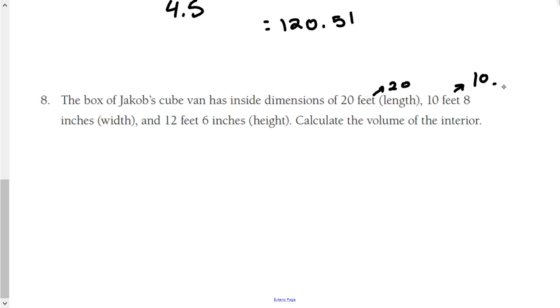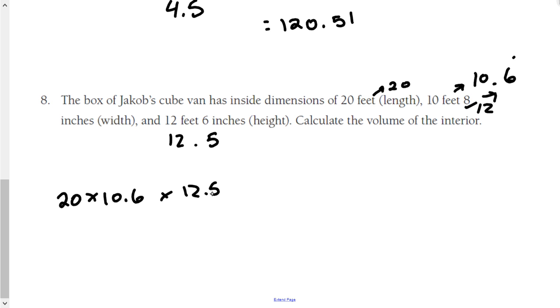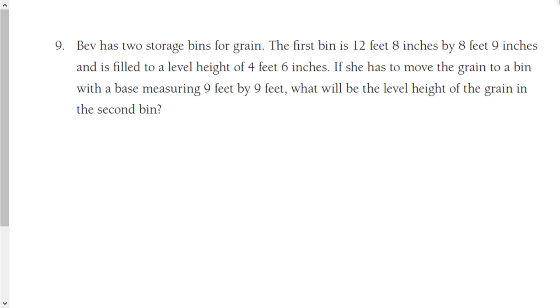Should be 10.6 because 8 inches divided by 12 gives us 0.6 repeating, and 12 feet and a half. So the interior is 20 times 10.6 times 12.5. And rounded values, of course, give us 2,650. And again, I know in the back of the book it might be a little bit different, but that's probably because they kept this.